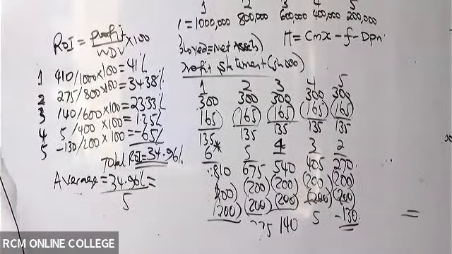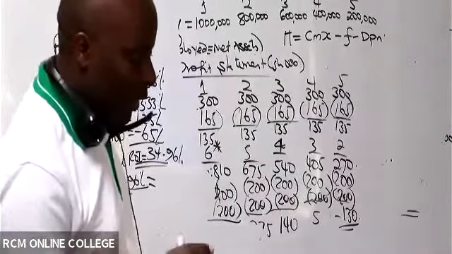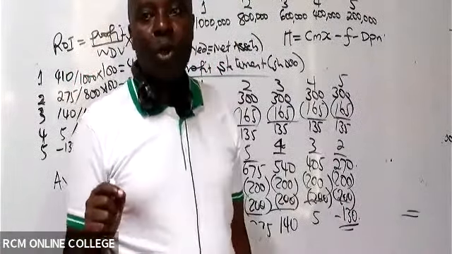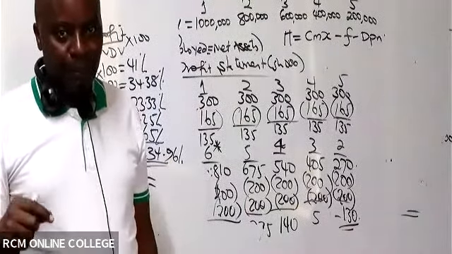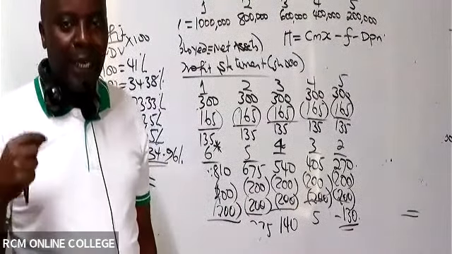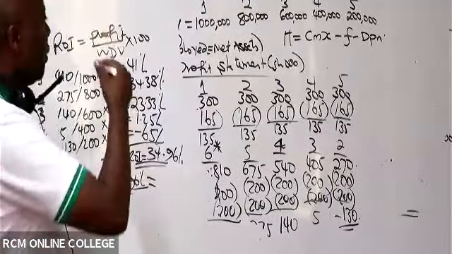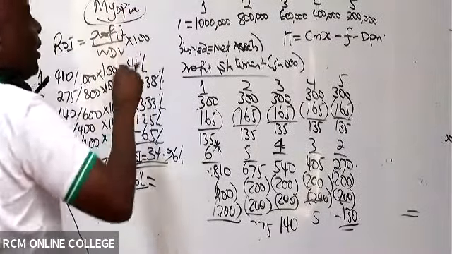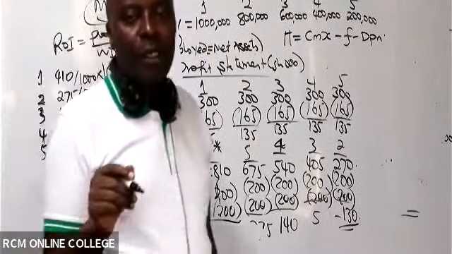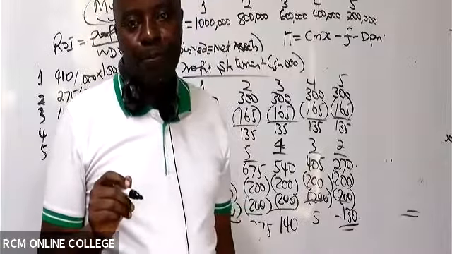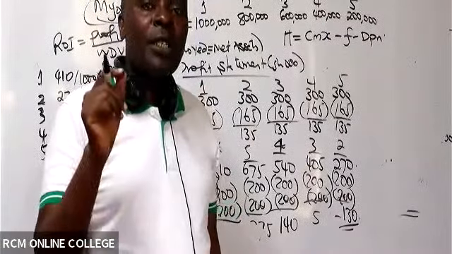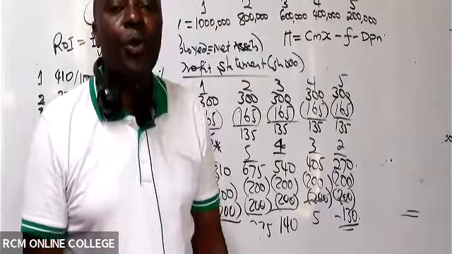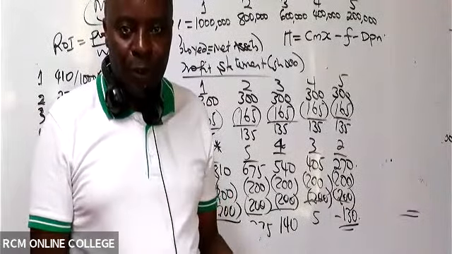So ROI and residual income suffer from some disadvantages. The first disadvantage is that they encourage what we call short-termism, or myopia in management. Under myopia, managers will be thinking of short-term profits and short-term objectives. They want to grow only this year's profit, so they will cut down on trainings.